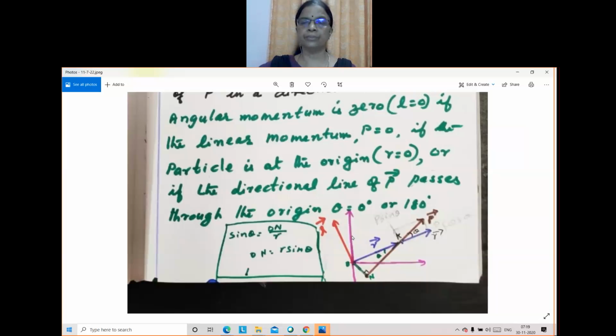And if P is 0, if the body is not moving, there is no momentum, so in that case also the angular momentum is 0.